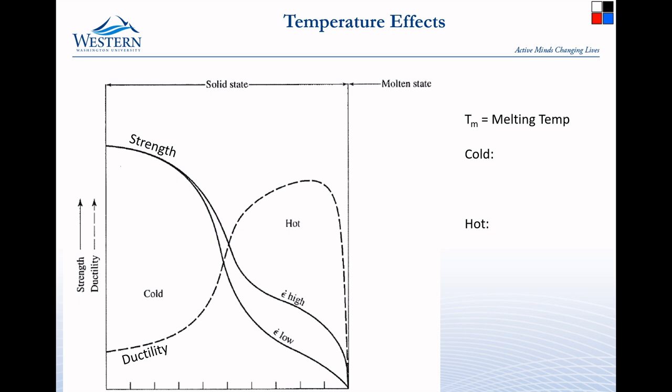And if I'm over on the right end at 1, it means I have reached the melting temperature. So you can think of it as sort of tenths of a melting temperature. As I increase towards the melting temperature, you can see that the strength of a metal drops way off. And so right here, by half the melting temperature, we've lost half the strength of the metal. And then it kind of tapers off towards the point at which it's molten, at which it has no strength at all.